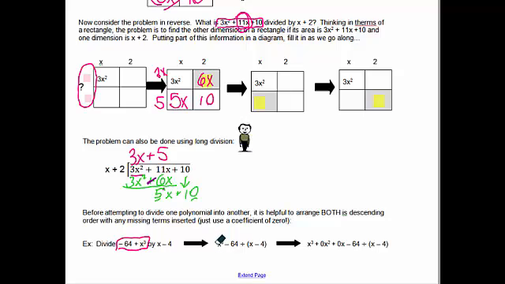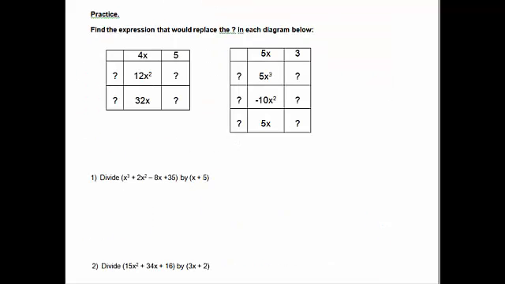So the first thing I want to do is put my highest power first, and then notice I filled in my missing terms so that I have a descending power of 1 each time. I will do an example like that for you. Before we do that, I would like you to complete these two tables and work on problems 1 and 2.